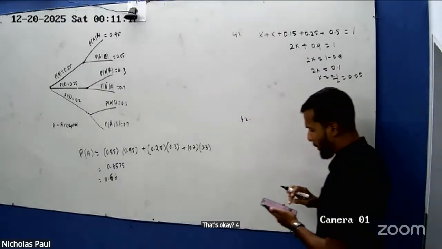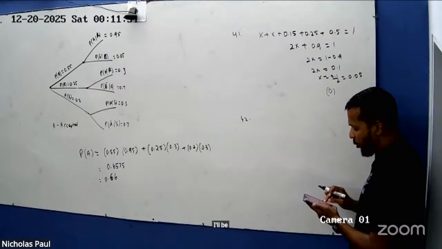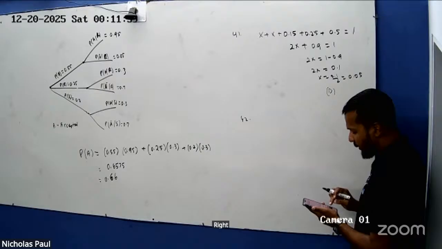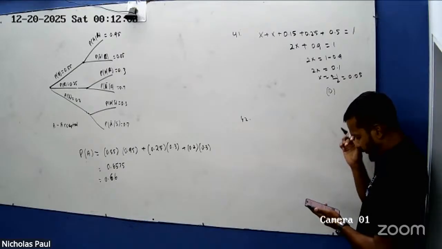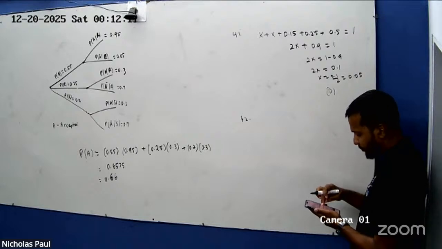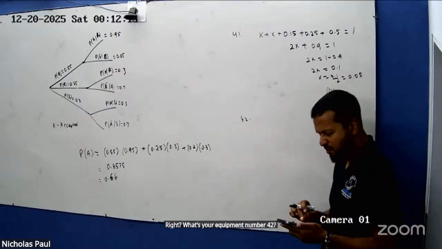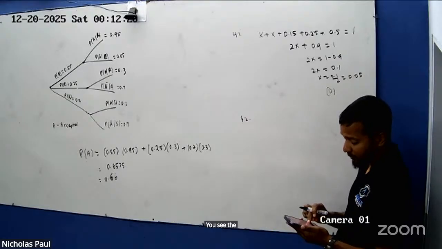42. Which of the following is an advantage of a stem and leaf diagram over a box and whisker? Several sets of data can be compared, the median. What did you all put for number 42? A. You see, the box and whisker could also handle large amounts of data.